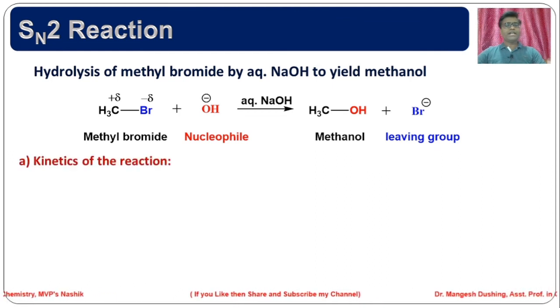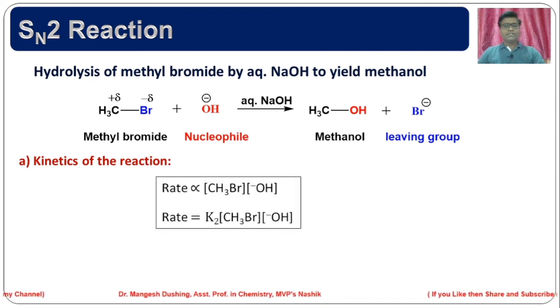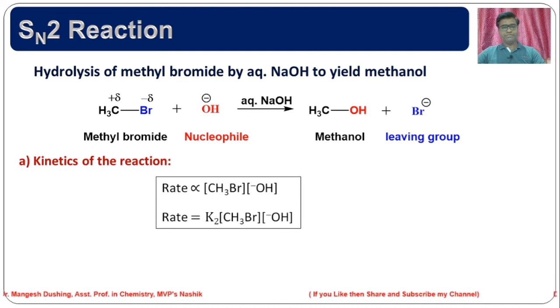If you study the kinetics of these reactions, we will find that the rate of the reaction depends upon the concentration of the starting material, that is methyl bromide, as well as the concentration of the nucleophile. It means that the rate of reaction is directly proportional to the concentration of substrate times the concentration of nucleophile.